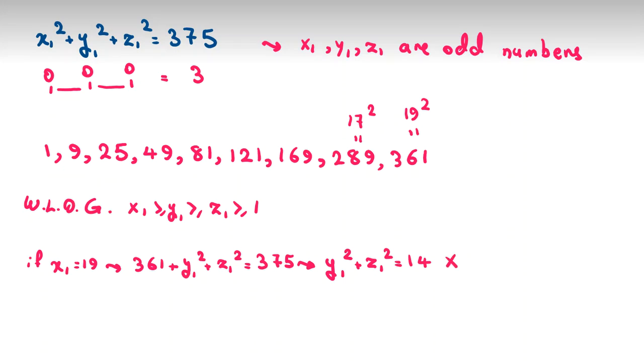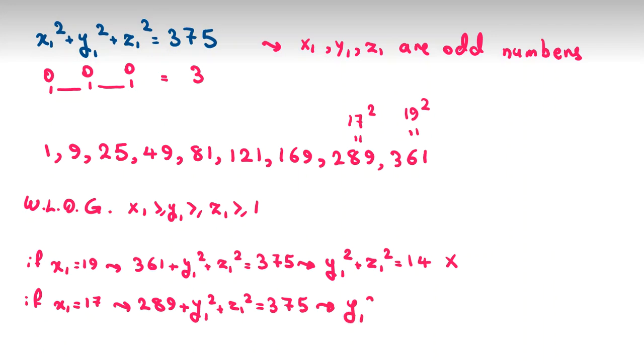So in this case, if x1 is 17, then 289 plus y1 squared plus z1 squared equal to 375. If you subtract 289 from both sides, y1 squared plus z1 squared equals 86.